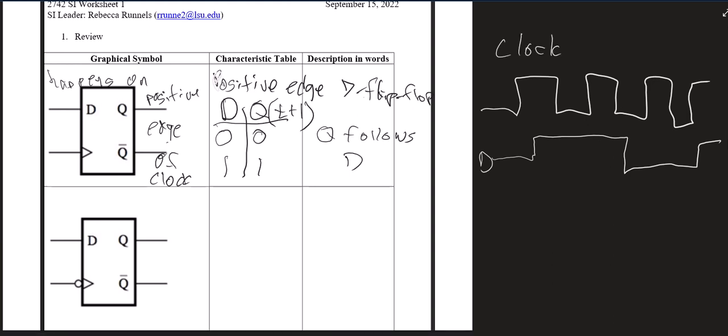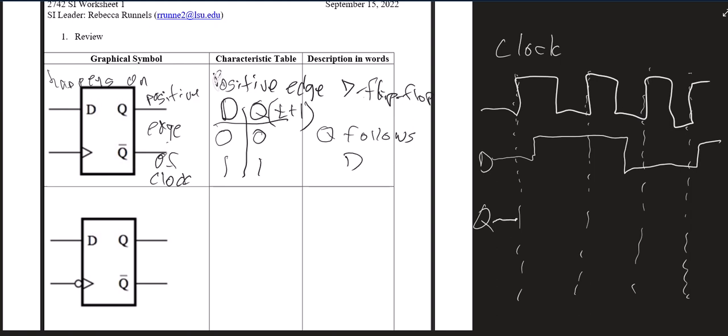Then your output is going to change on the positive edge of the clock. So I like to draw lines that are telling me where the positive edge of the clock is. And the positive edge is when it goes from low to high. And you have to know where Q started. So let's say Q started at 0.